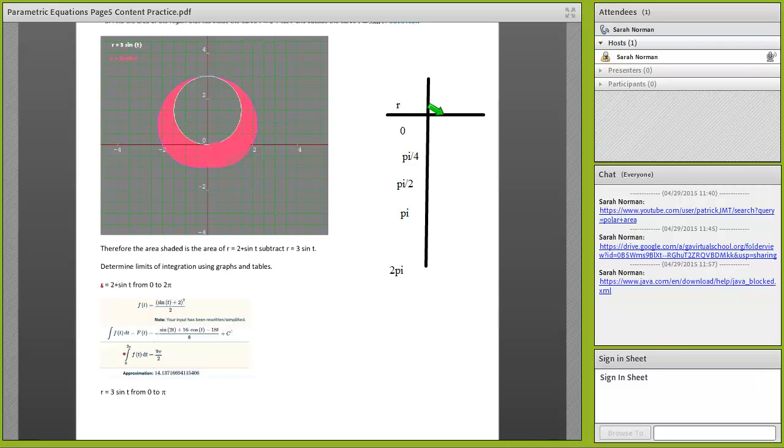You would again make your table. And this time you're going to be plugging in 3 sine of t.